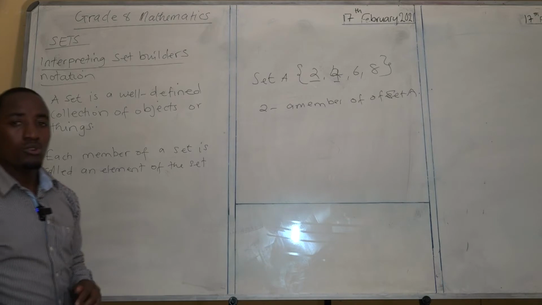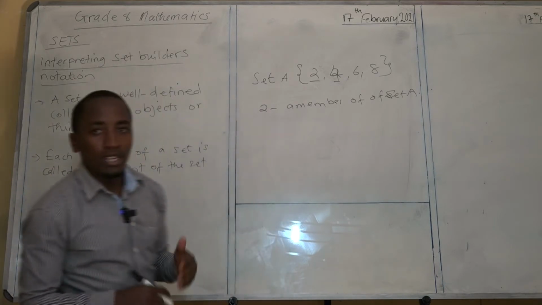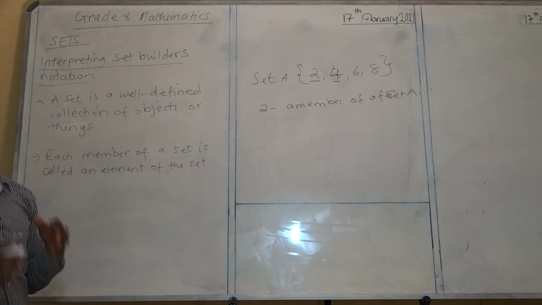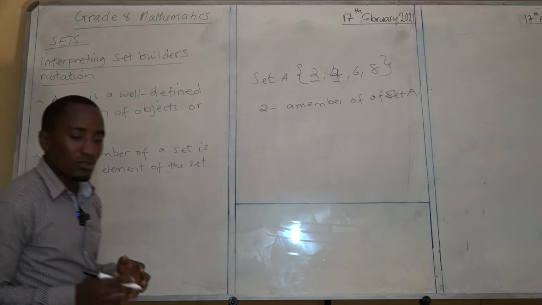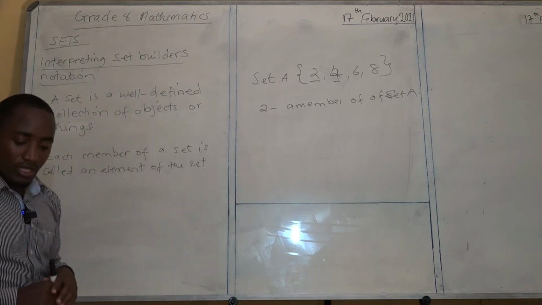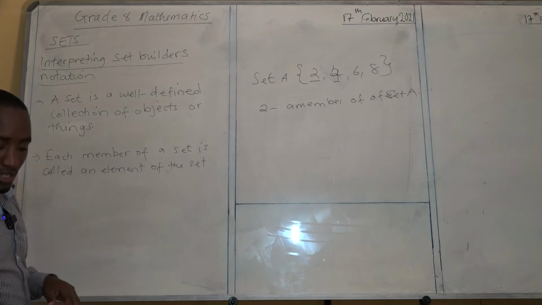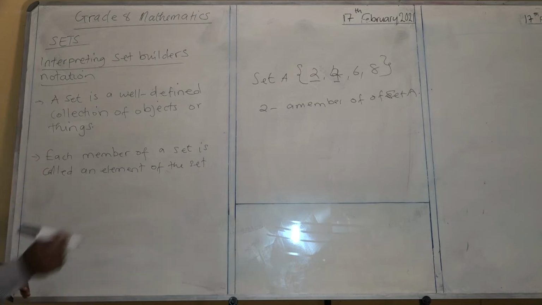You can define a set by describing what is inside that set, and we refer to this as set builder notation. We can define set builder notation as a shorthand of describing a set.